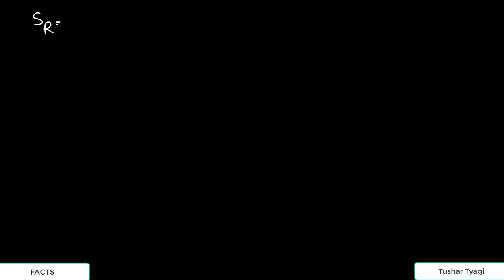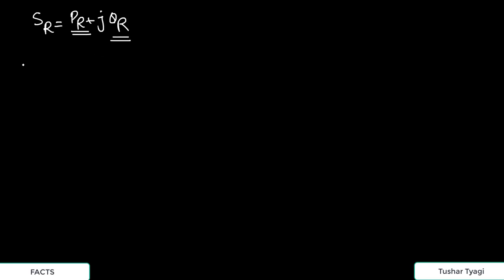So now separate the real part and imaginary part, because previously we have seen SR is equal to PR plus j times QR. PR is the real part of that equation, QR is the imaginary part.